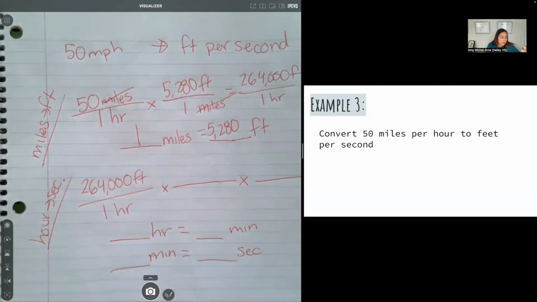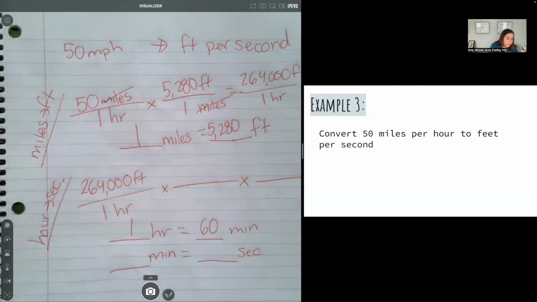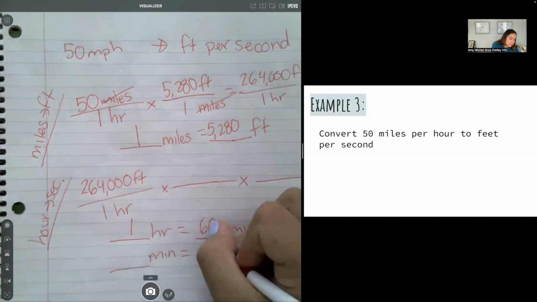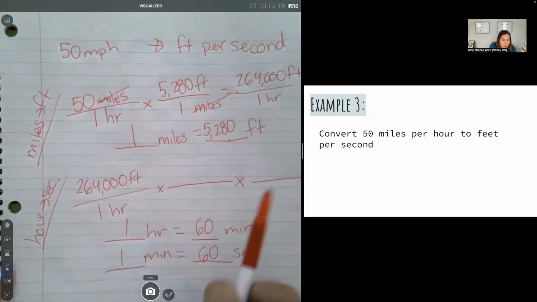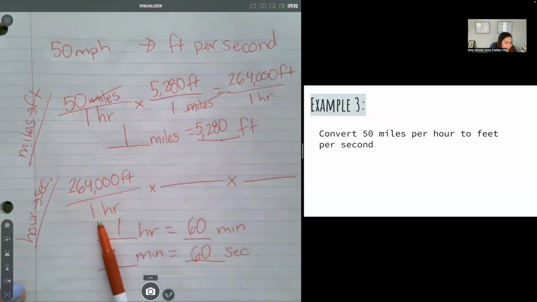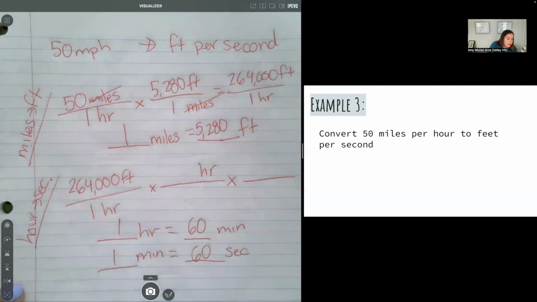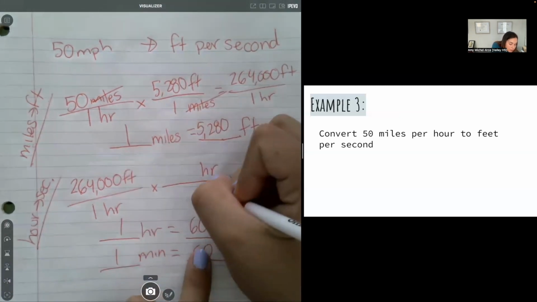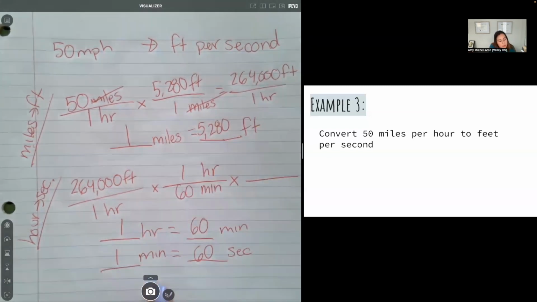So we know that there are 60 minutes in each hour and 60 seconds in each minute. Right. So now I'm going to put them up here so that I know what to multiply by. So hour is down here, so I'm going to put hour up here. And my first conversion to minutes, there are 60 minutes per 1 hour.